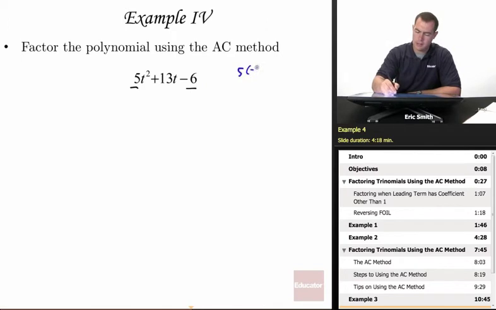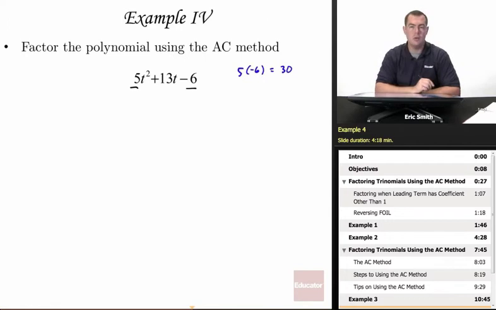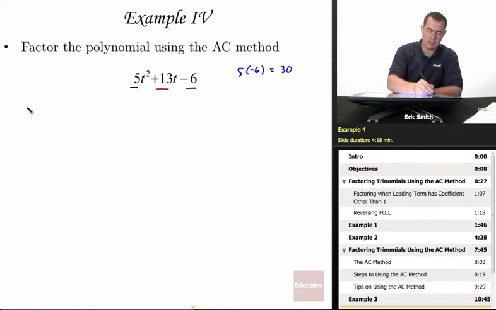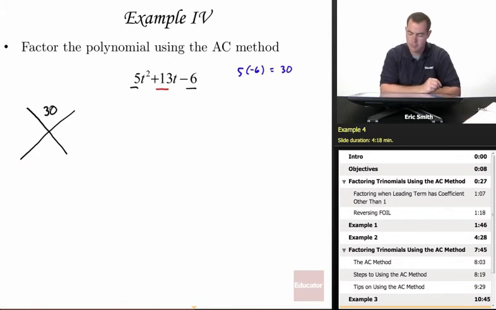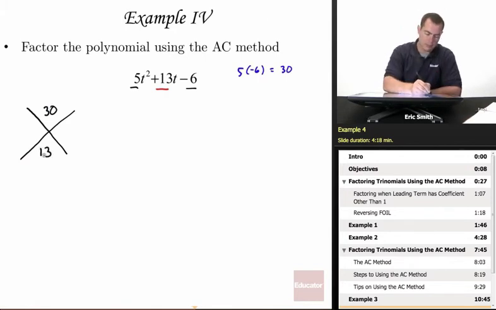5 times a negative 6, and that would give us 30. So we need two numbers that will multiply to give us 30, but add to give us a 13. We'll use our box to help us out. So we need to multiply to be a positive 30, and add to be 13.